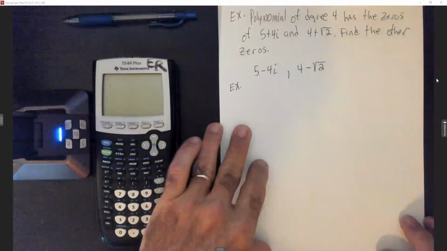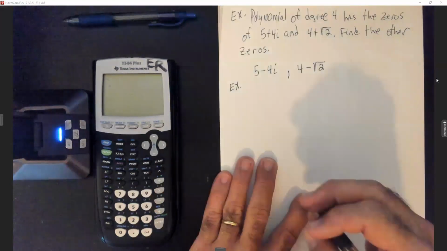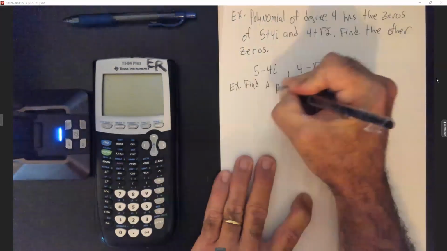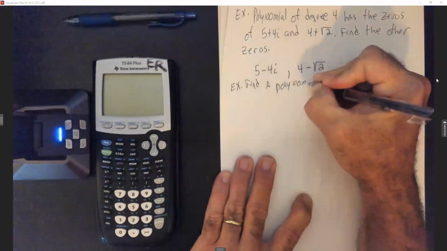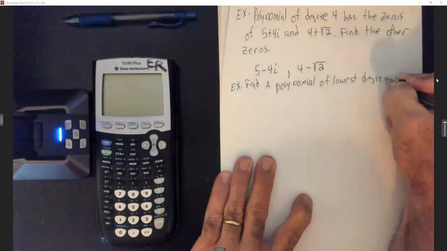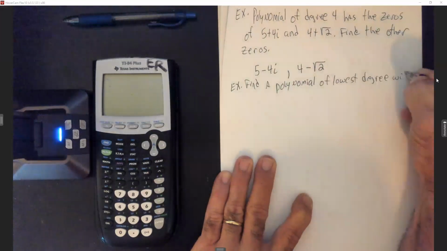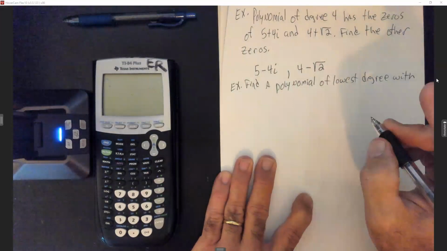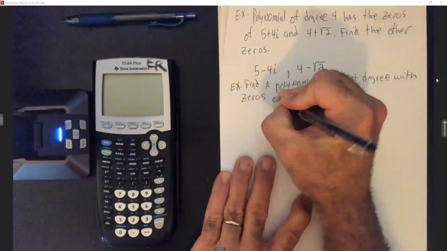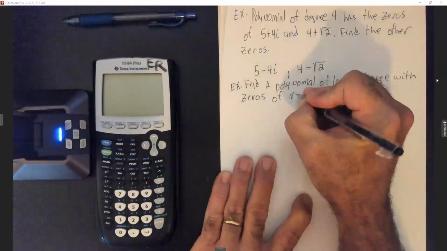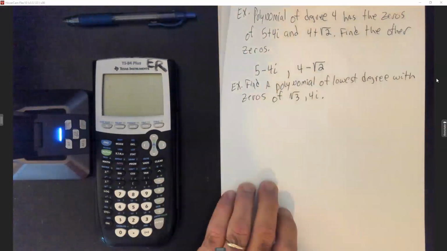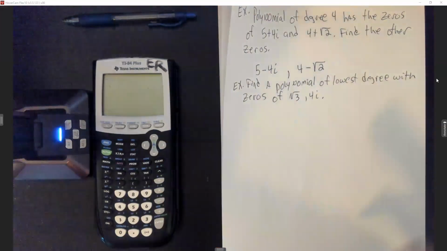All right, so watch this. Find the polynomial of lowest degree with zeros of square root of 3 and 4i. And remember, it's got to have rational coefficients, real coefficients, all that stuff.